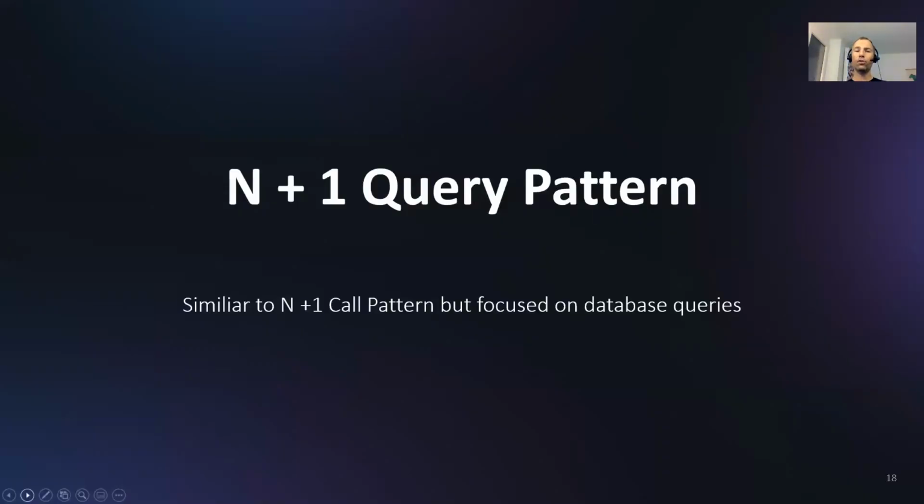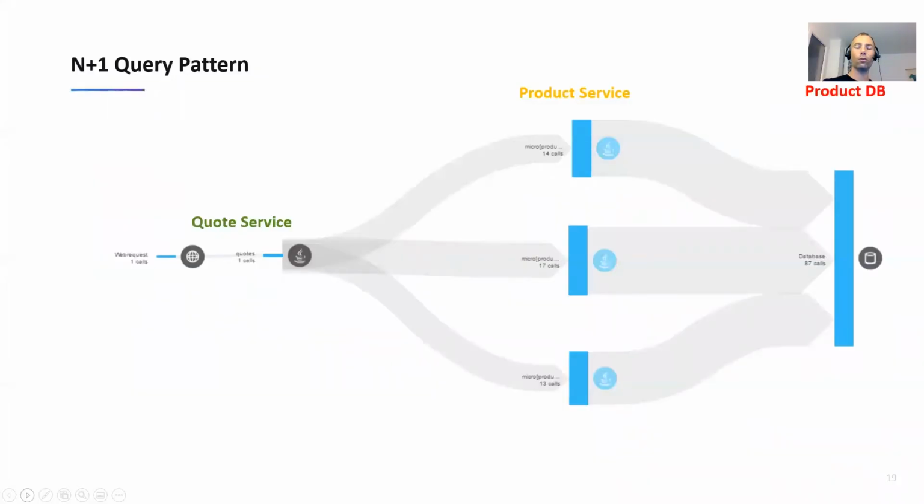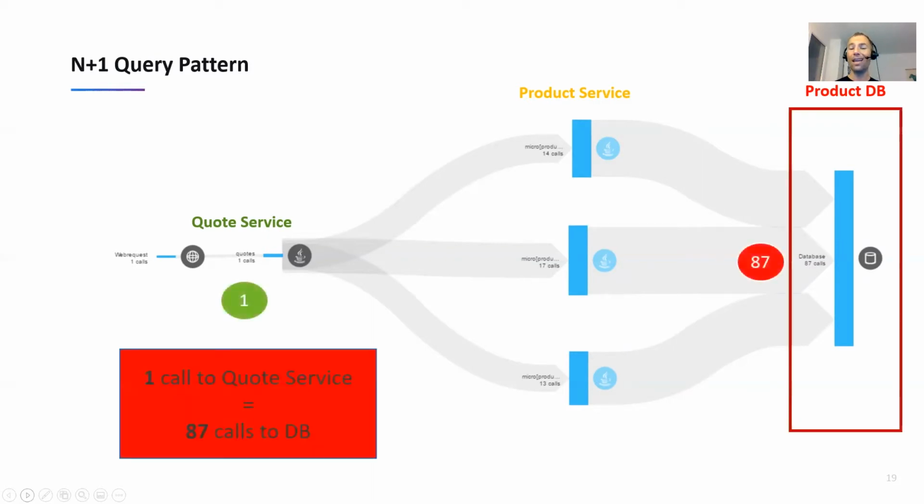Now, this was the N+1 call pattern. Now, the N+1 query pattern, very similar. This is just why I separate them, because this is more focused on database queries, and I see this as a big issue. So coming back to my example from before, the quote service, the product service, same example, 1 call in the front, 87 calls to the product DB. Why? Because every time the product service was called, they had to get some initial state out of the database and then make another call to the database to actually get the data.